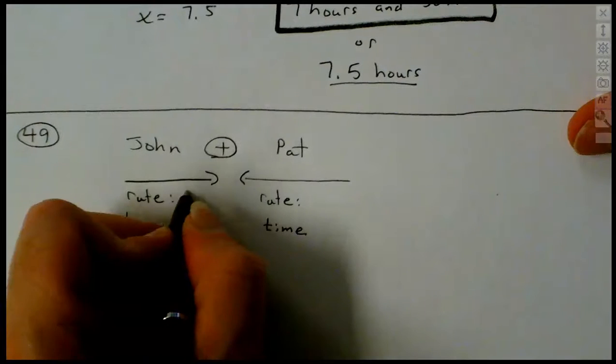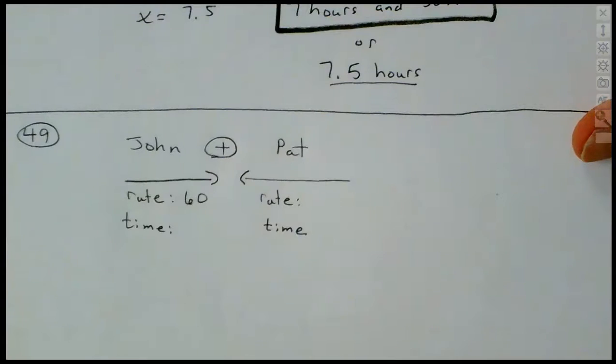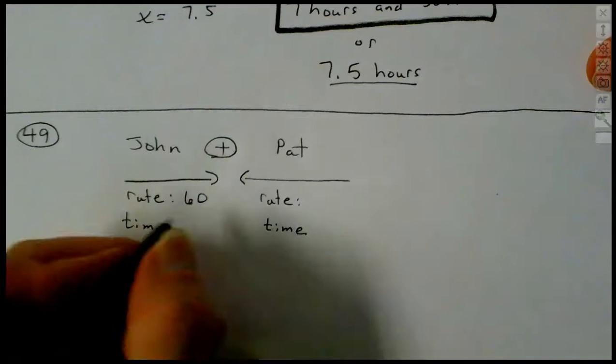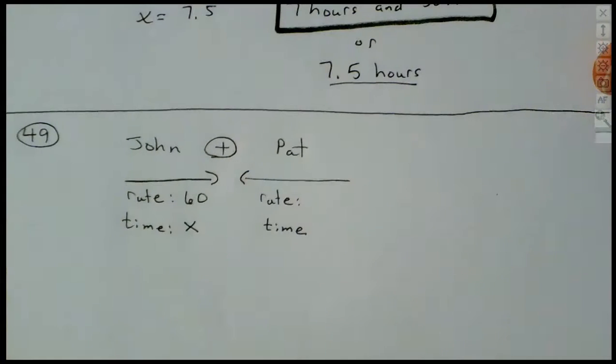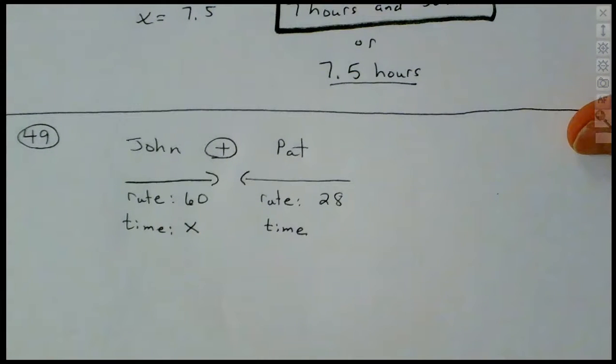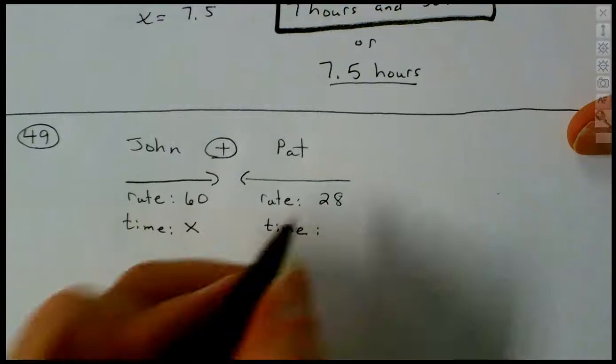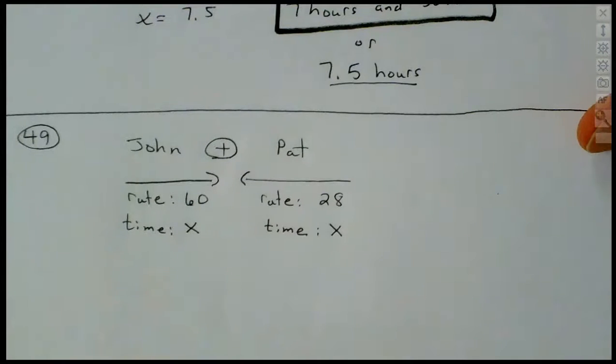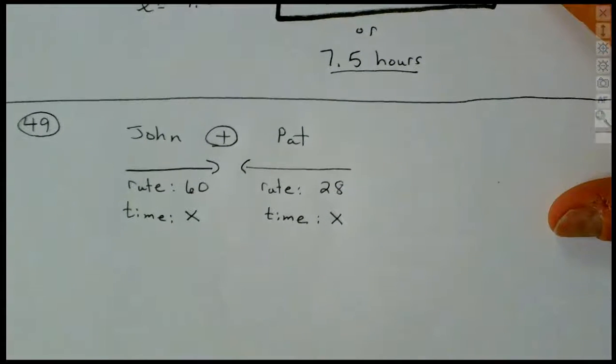So his rate is going to be 60. And do we know how long he's driving for? No. Doesn't tell us at all, does it? Doesn't tell us how many minutes or hours. We don't know, so we're going to use an X. Much easier to set up. What about Pat? Pat's traveling slower, 28 miles an hour. Pat's time is not known either, so it's also X.